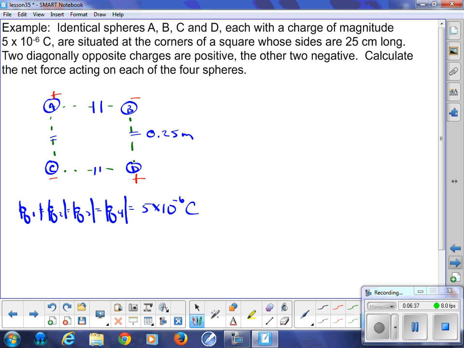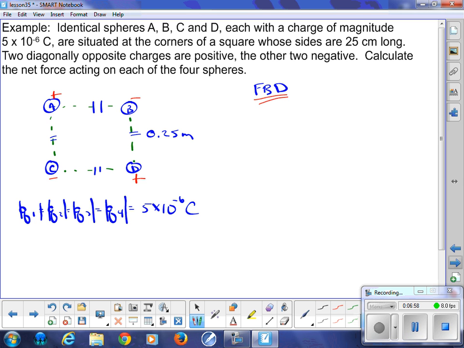All right, so what do we want to do? We want to calculate the net force acting on each of the four spheres. Well, we can just do a free body diagram here. And because everyone has the same charge, we have a symmetrical situation. So because everything is symmetrical, we only have to really analyze one of the charges.